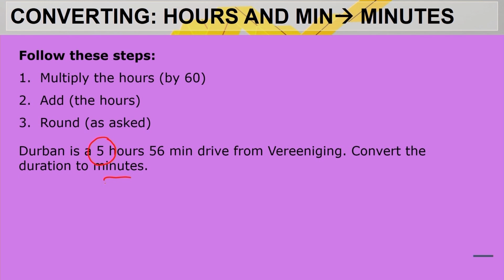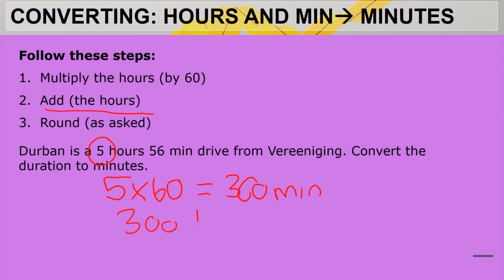I'm going to say 5 times 60, and that is 300 minutes. And now I'm going to add the minutes to the hours. So it's going to be 300 plus the 56. So then we would have driven for 356 minutes.